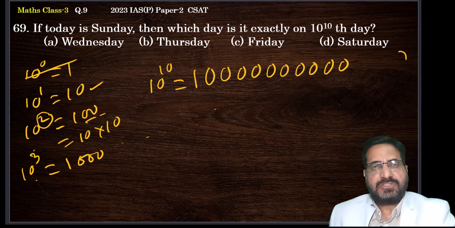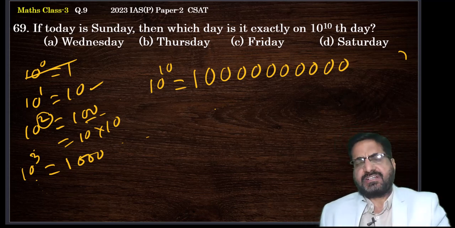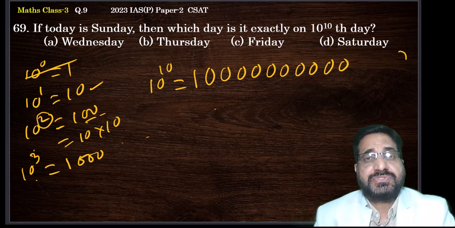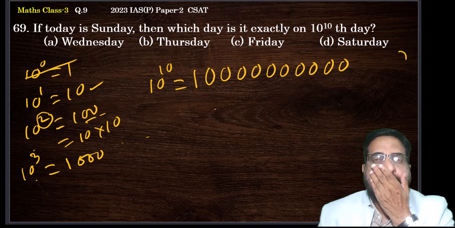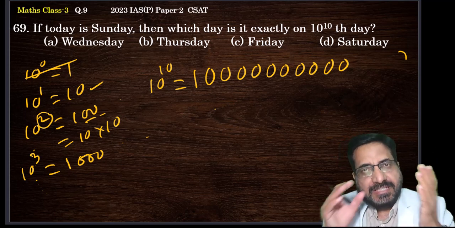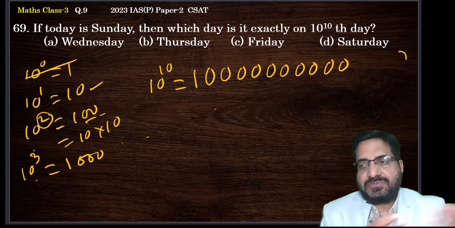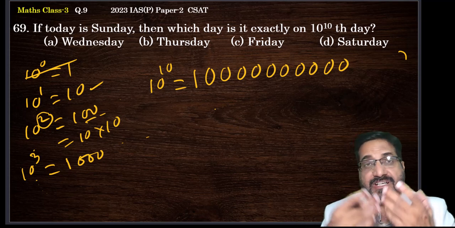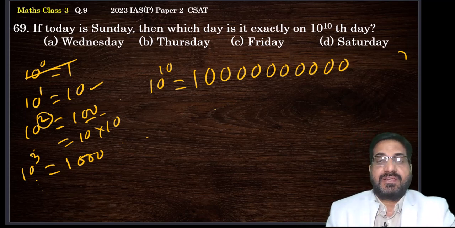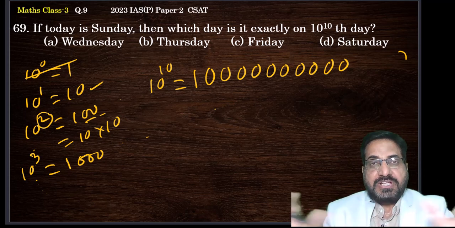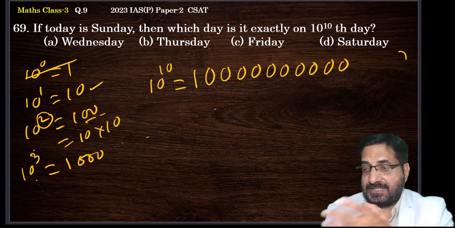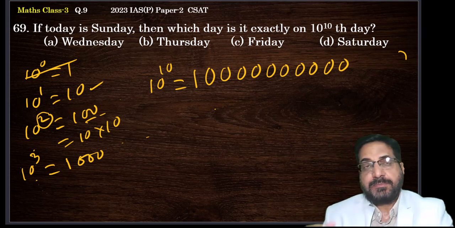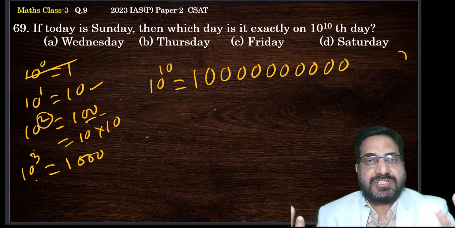I told you in my previous class, in nursery class, my daughter used to say 0 means nothing. And when she moved into first class, she started saying multiplication means repeated addition. Similarly, power or exponent means repeated multiplication.